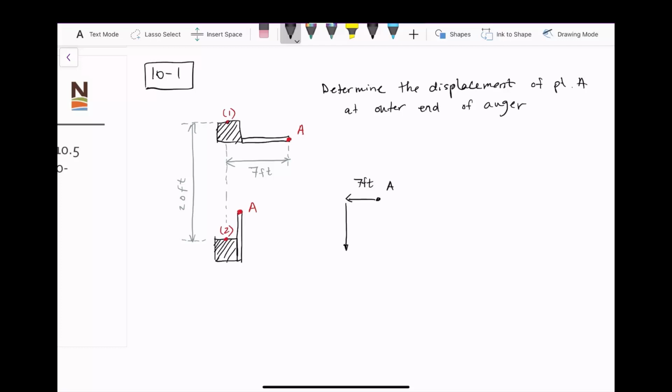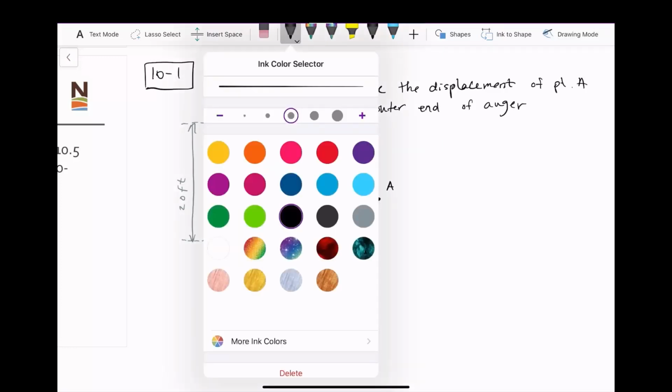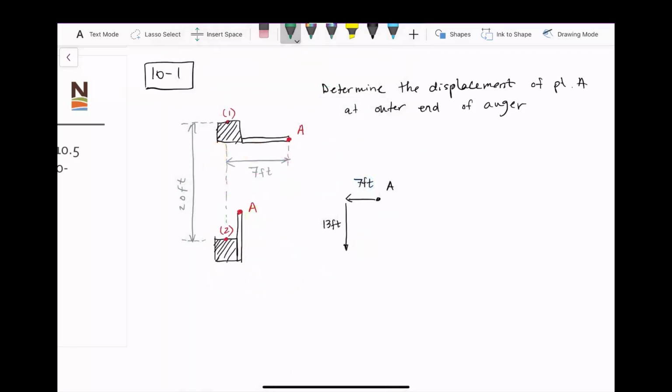Now, the whole tractor moved 20 feet, but because the length of the arm is 7 feet, that means the total distance for A downwards would be 13 feet. And so the displacement from point A, from its original position to its final position, would look like that.